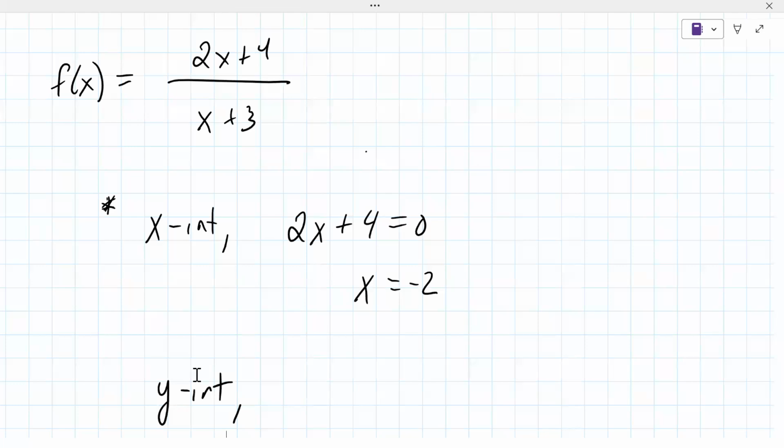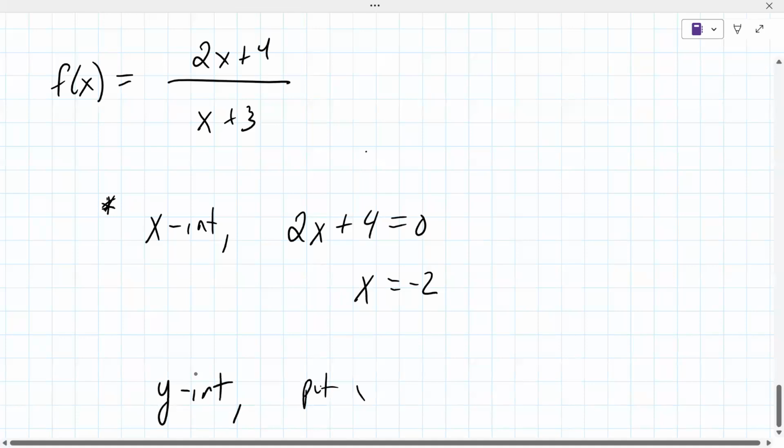X equals 0. Yes, you're putting 0 in for X. Correct.